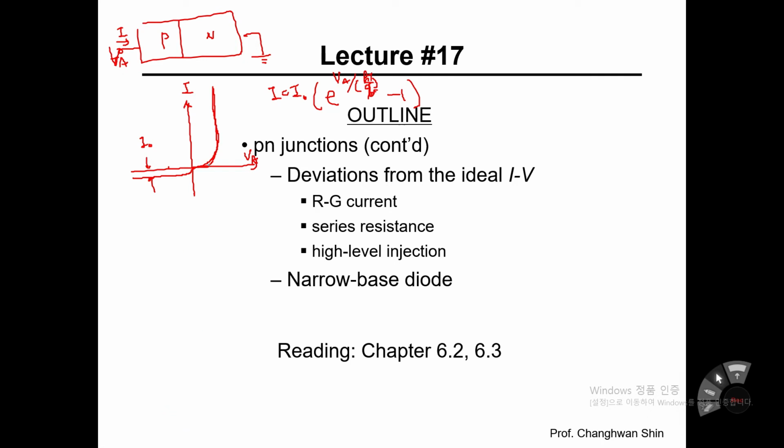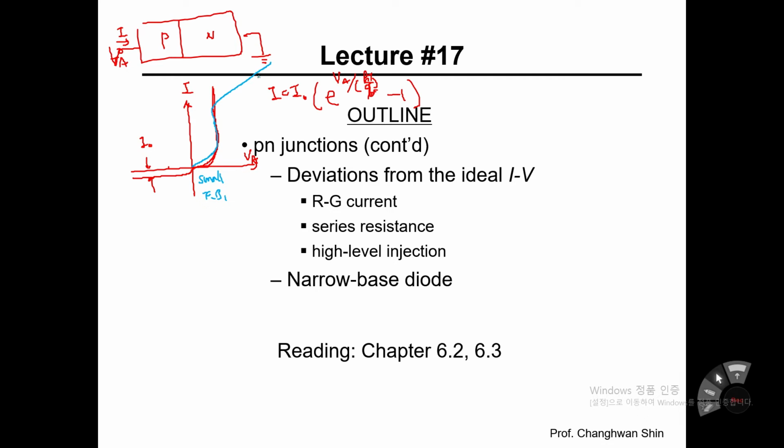But in a real diode, once you have any chance to measure the diode's IV characteristic, you're going to see this plot. Slightly higher current can be measured at small forward bias, and then it is going to be well matched to the ideal diode IV characteristic. At some point, the data can be measured along a certain straight line.